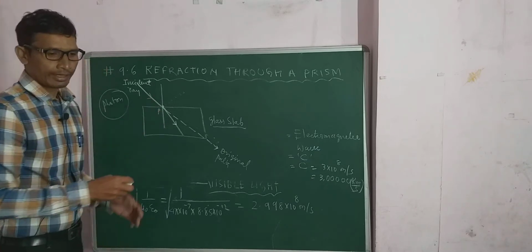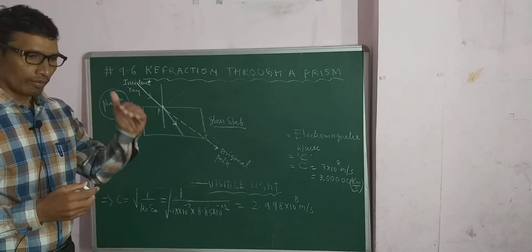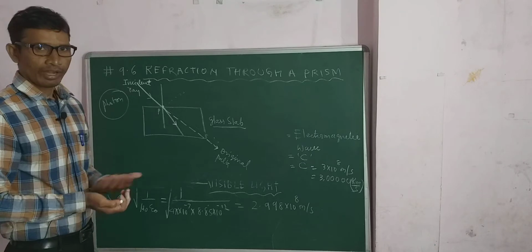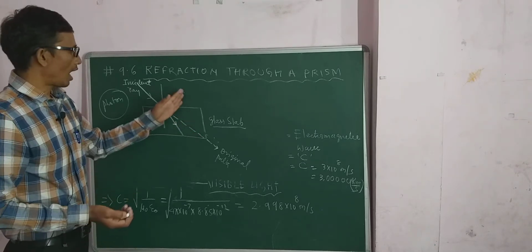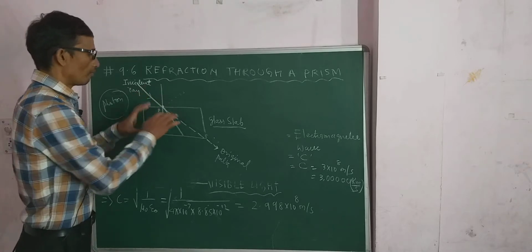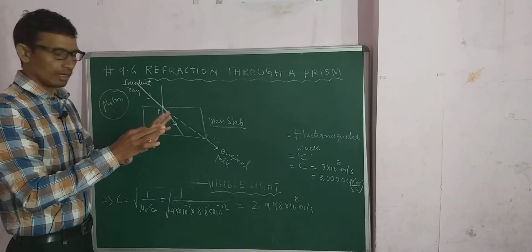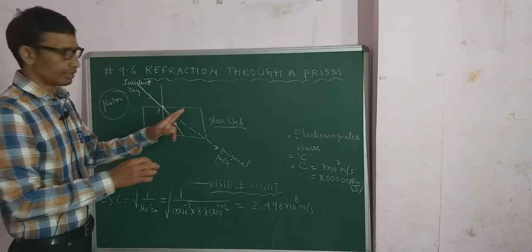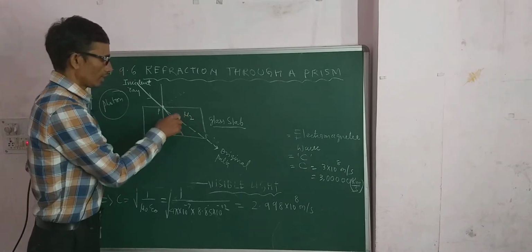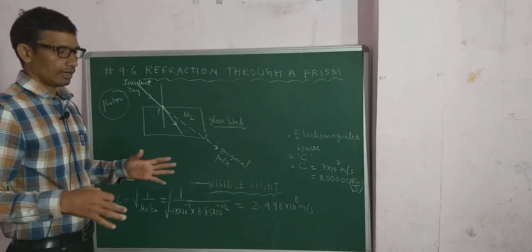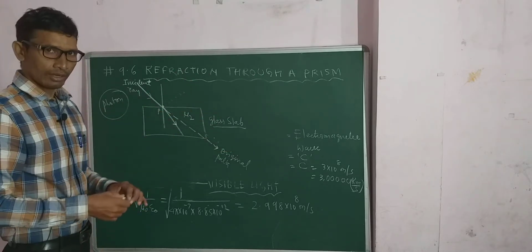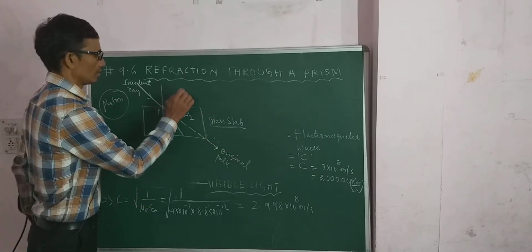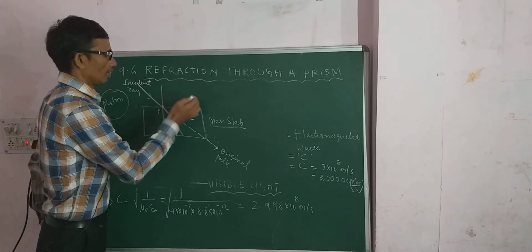Whenever the light enters from one medium to another medium, but what is the other medium? This is the one medium, and the other medium where we place, this is the second medium. It is placed in the free space, or air.